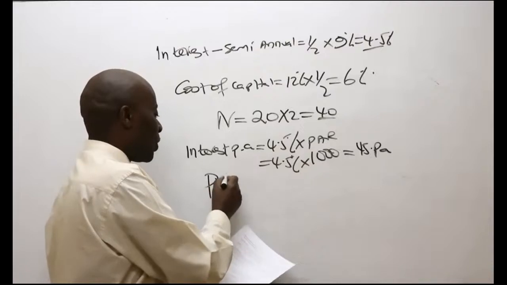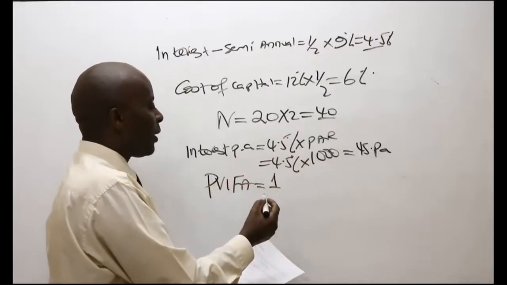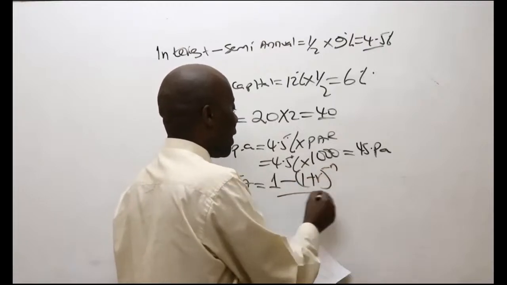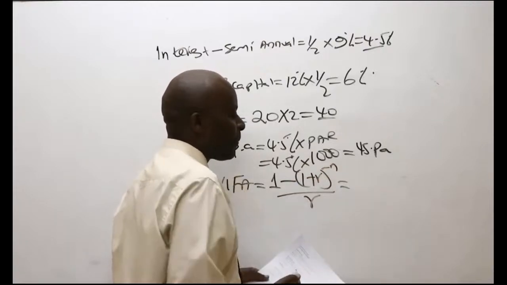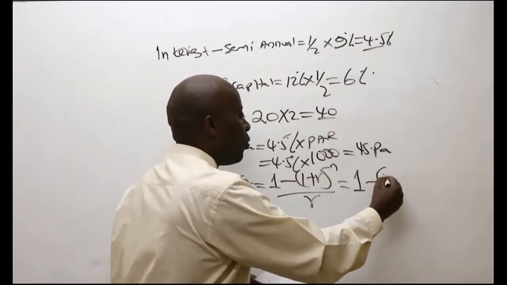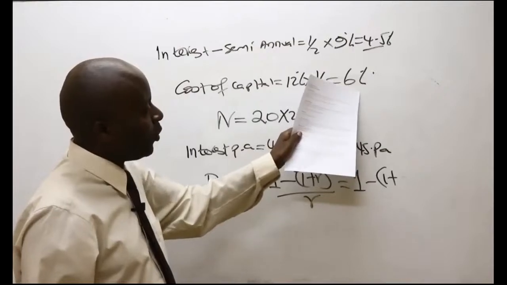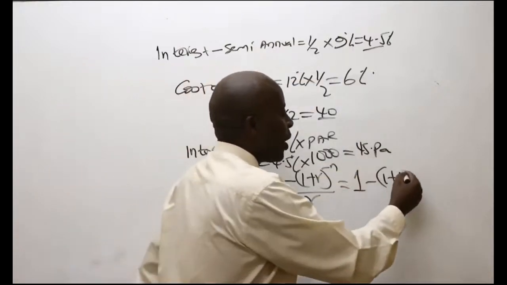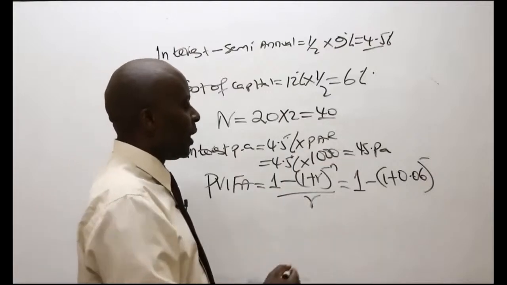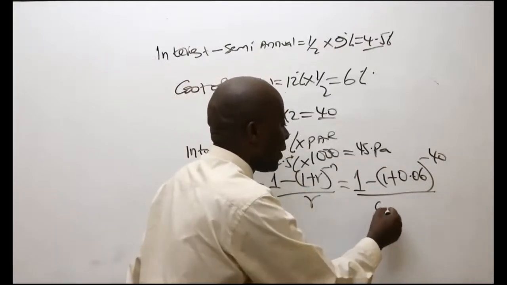So give us the PV. So how do we get PV? Now you guys have known the concept. It is 1 minus 1 plus R raised to negative n, everything divided by R. So this will be 1 minus 1 plus our cost of capital, which I'm using here as 6%. So 1 plus 0.06 raised to negative n, which is negative 40 there, and then everything divided by 0.06.